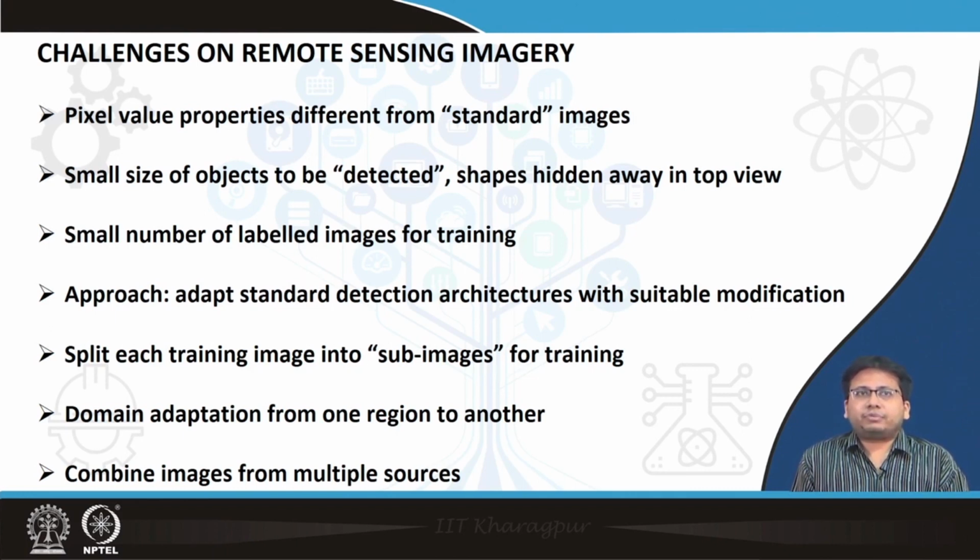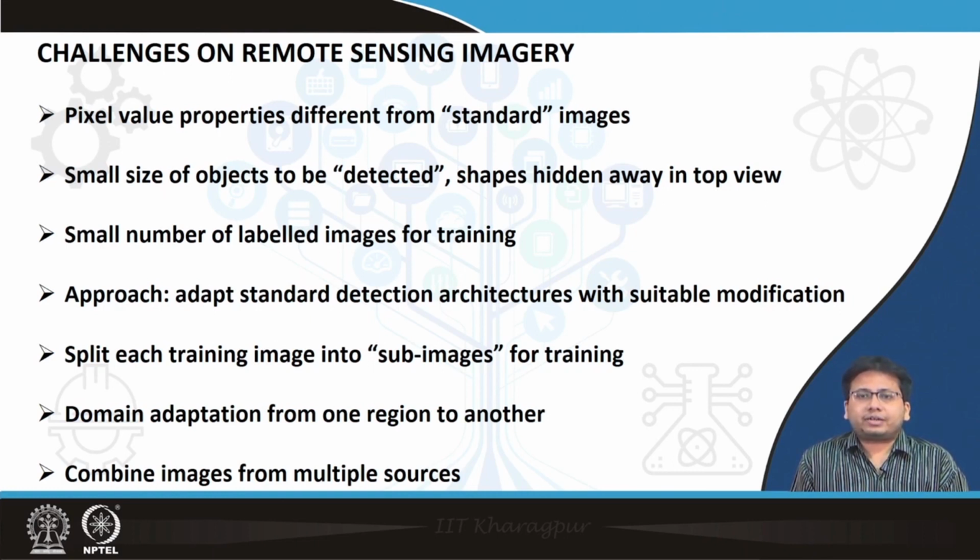And finally we combine the images from multiple sources to get some kind of a unified representation. We may use images of the same phenomenon or the same region captured by, let us say, 3 different satellites, or a satellite and radar and so on, and then somehow combine all those together.